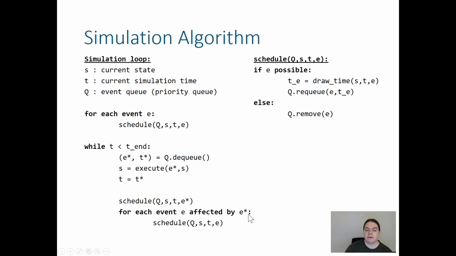So ML3, the language which I've shown you, does this, but it's only a research prototype, and the currently most used tools for agent-based simulations don't do a lot to support this rescheduling for discrete event simulation.